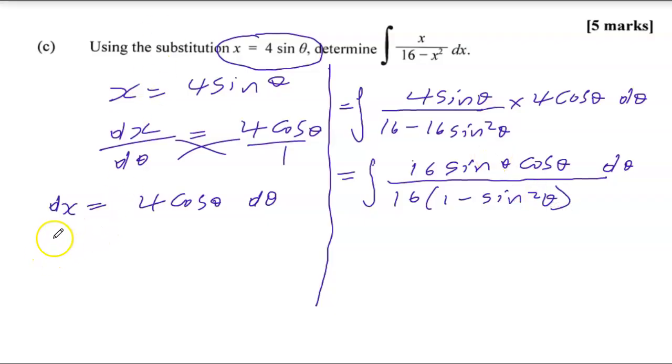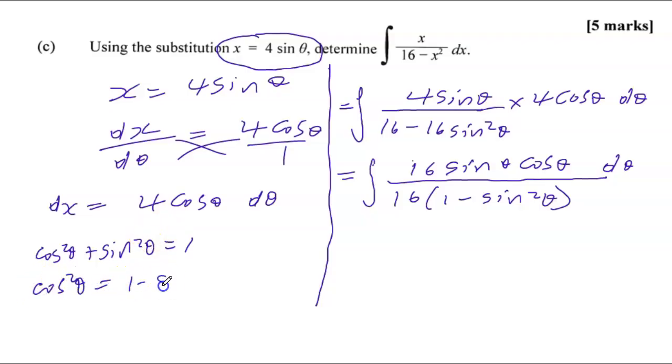Now, we know the Pythagorean identity that says cos square theta plus sine square theta is equal to 1. So if I bring this over, cos square theta is 1 minus sine square theta. So 1 minus sine square theta can be replaced with cos square theta. By the way, 16 cancels 16, right?